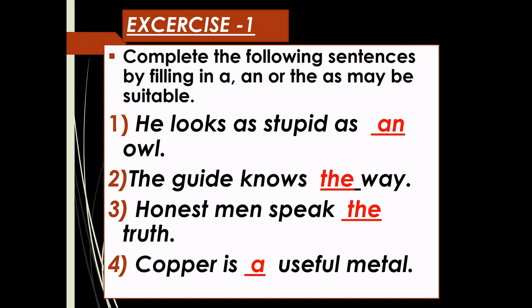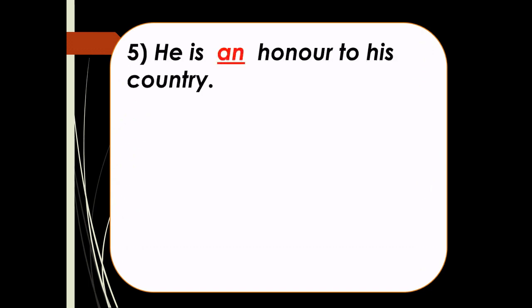Number 4. Copper is a useful material. Here, the word useful is starting with a consonant sound. That is why a is used here. Number 5. He is an honor to his country.